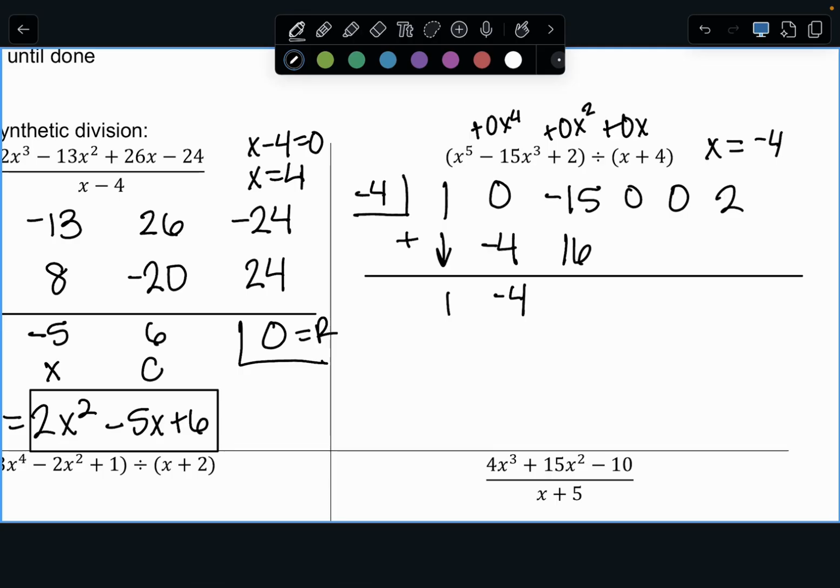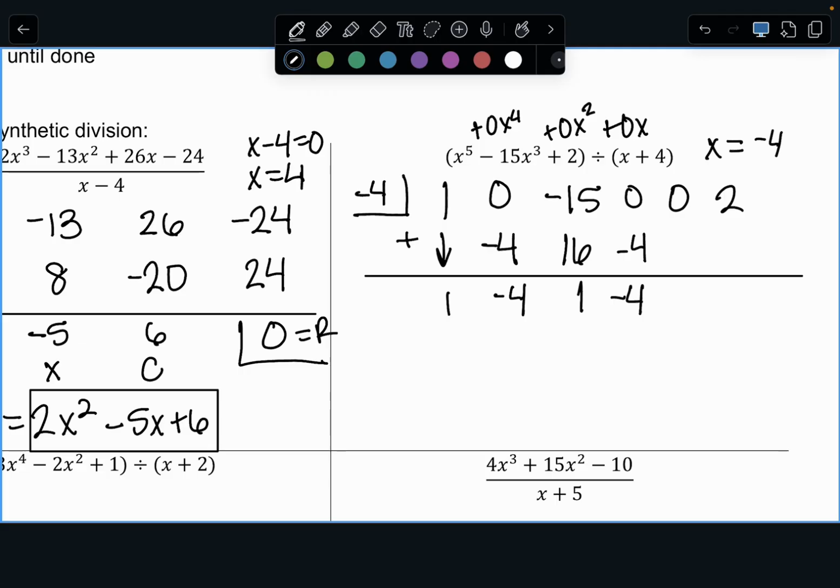We add negative 15 plus 16, 1. We multiply 1 times negative 4, negative 4, and we stick it in the next column. We add 0 plus negative 4 is negative 4.